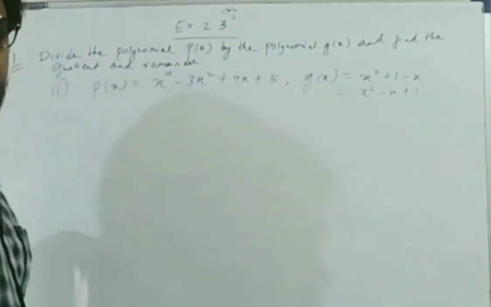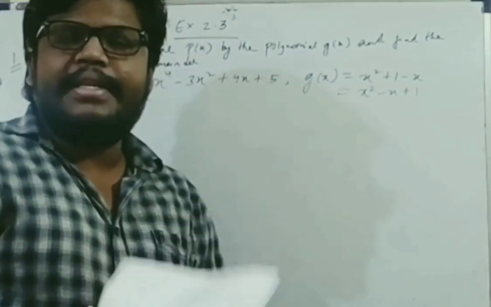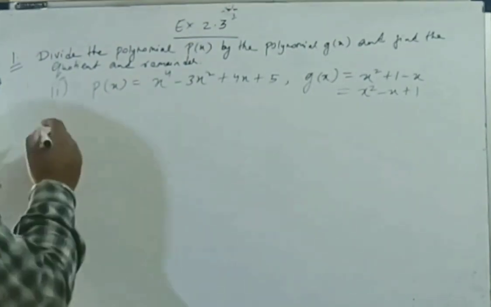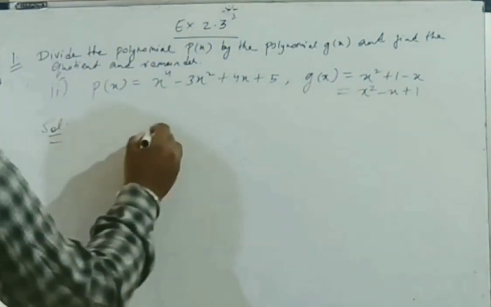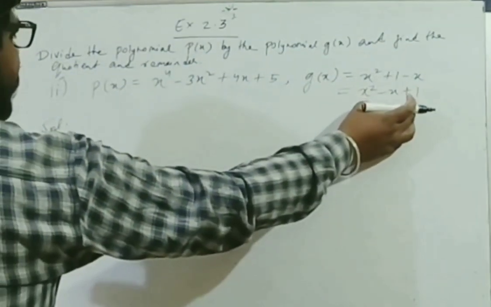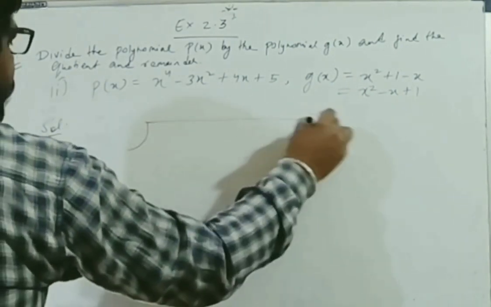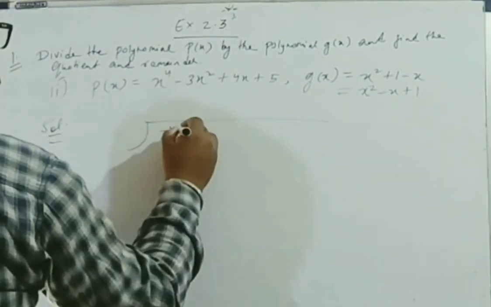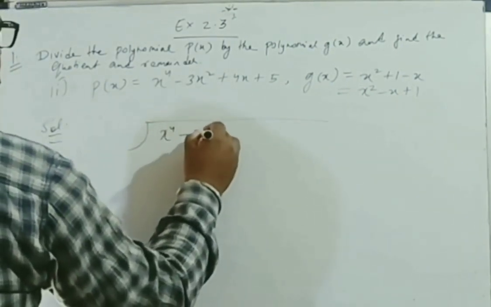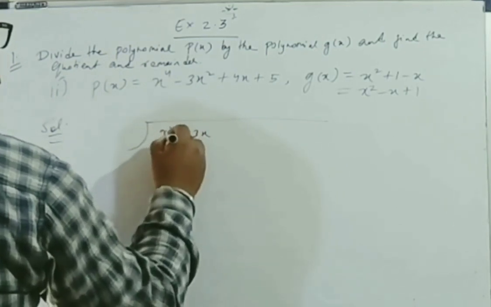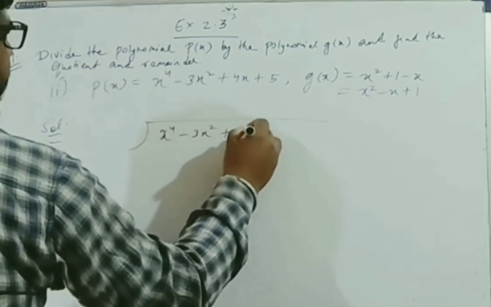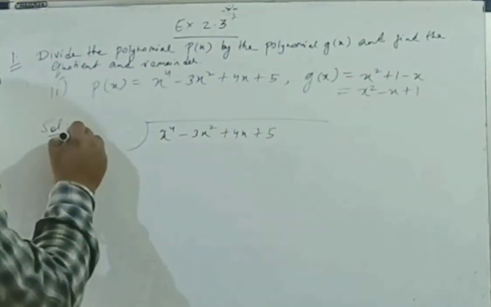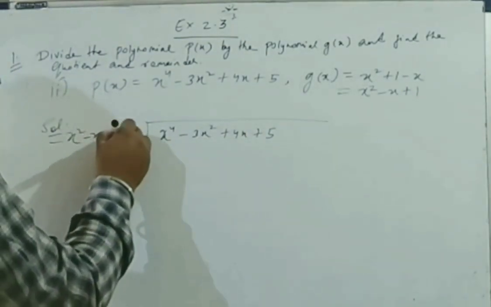You already discussed it in the last videos. Just always write in sequence. Then same thing, this is the dividend and this part is the divisor. So x to the power 4, minus 3x square plus 4x plus 5. Here x square minus x plus 1.